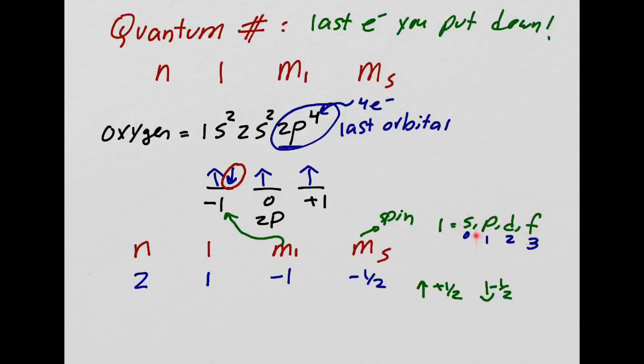Which of these apartments do you have? This one is in a P apartment. We have to assign a number for quantum number. Randomly, we said P is always 1. So we put 1 here. M sub L is the orientation. This one is right here. It's in -1. And is it up or down? That's the spin. Up would be plus half. Down, which this is down, would be minus half. And this is my quantum number.